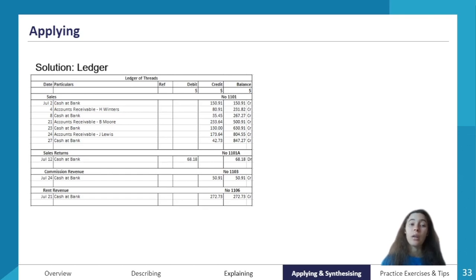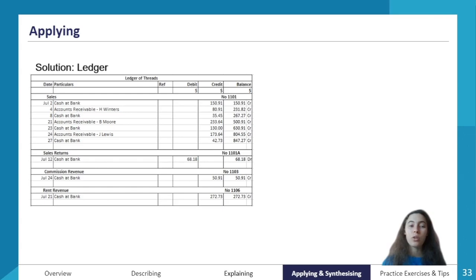That's the account that you put in the particulars column here. However, while you are putting that opposite account in the particulars column, you don't put the opposites for the actual amounts of money. Whatever amount was next to sales in the general journal is the amount that you put. So you put the opposite account for the particulars, but the account that's next to what you're looking at, in this case, sales is what we're looking at. That is what you put in either the debit or credit column, whatever one is relevant.